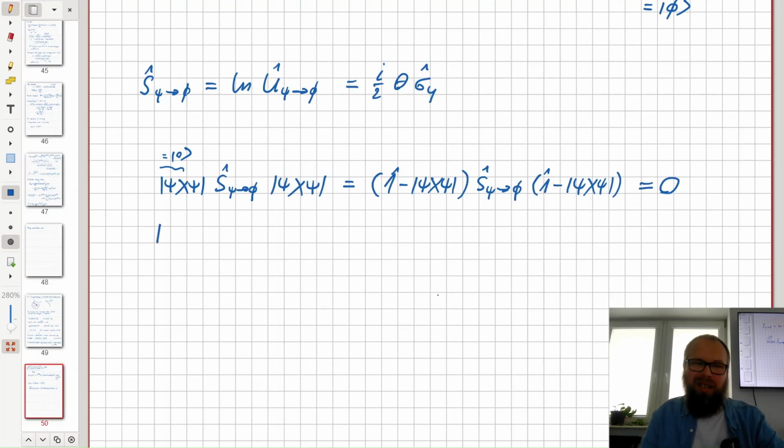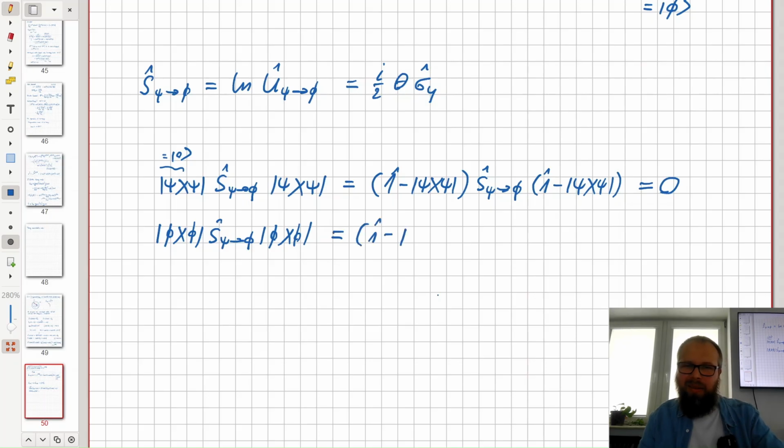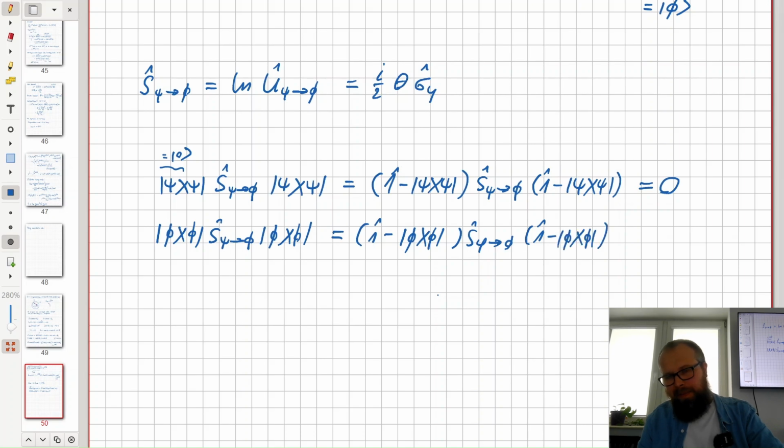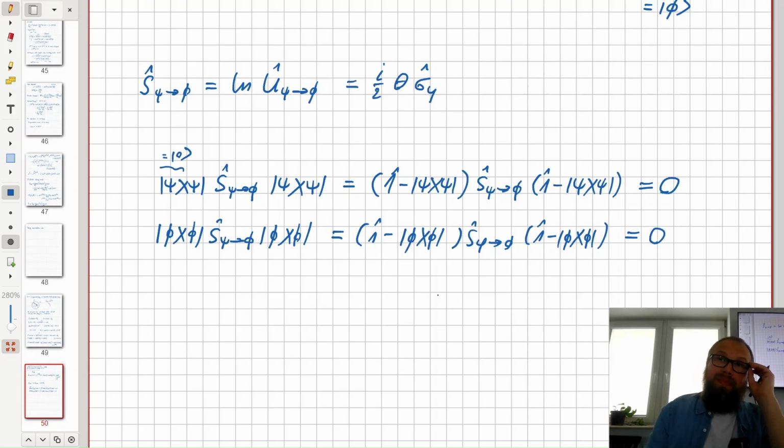This is true, but it also turns out that the other way around also works. The complementary projection of S on psi phi is also 0. So basically, S will never take the state to itself.